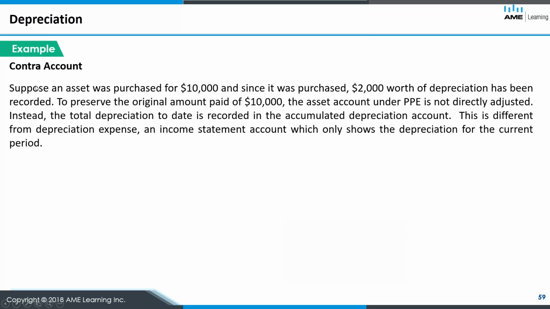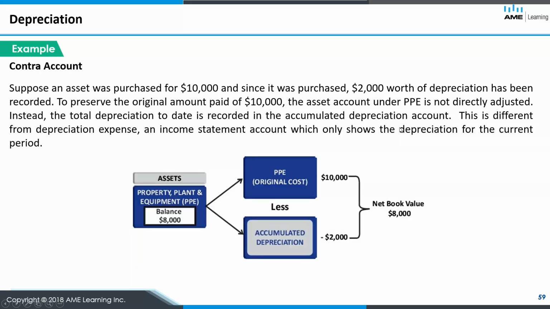So let's look at an example here. If we purchased an asset for 10,000, and since it was purchased we had 2,000 worth of depreciation expense recorded, then to preserve the original amount paid of 10,000, we don't reduce the 10,000 by $2,000 directly. Instead, we use this contra account, and in effect you'll combine the two together, and they will net to show a net book value less than the original cost.